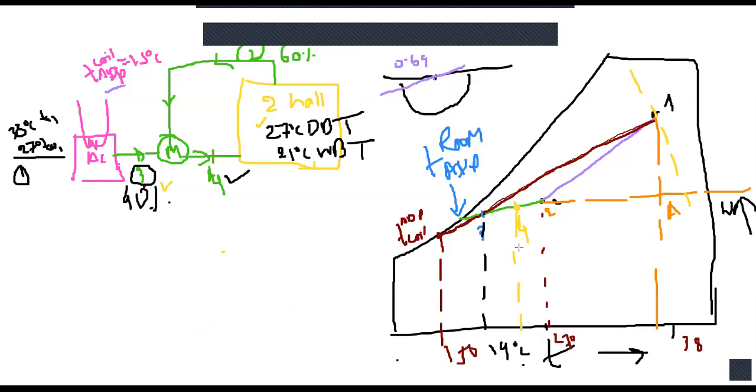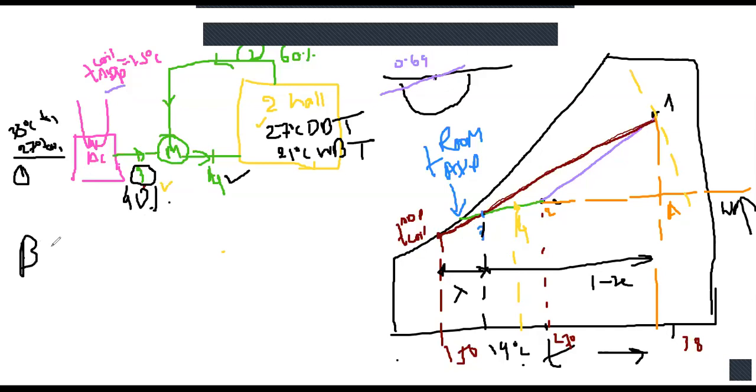We already know this amount is x and this amount is 1 minus x. This is the bypass factor, this is the contact factor 1 minus x. Okay, 1 to 3 is the contacting part, and 1 to ADP is the non-contacting part, that is the bypass factor.